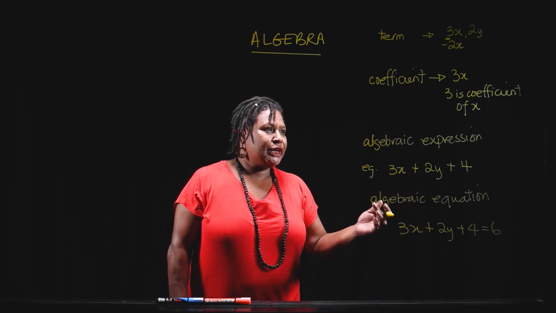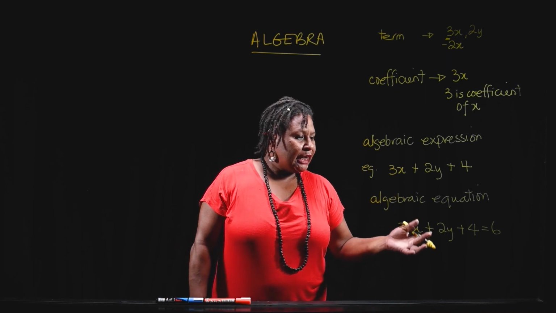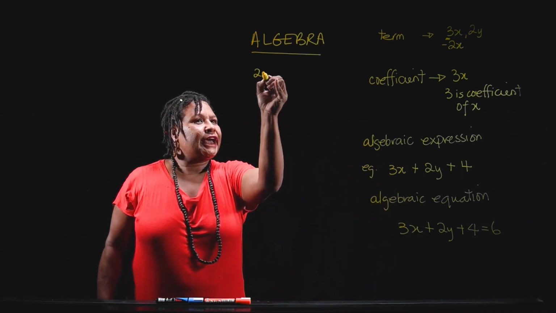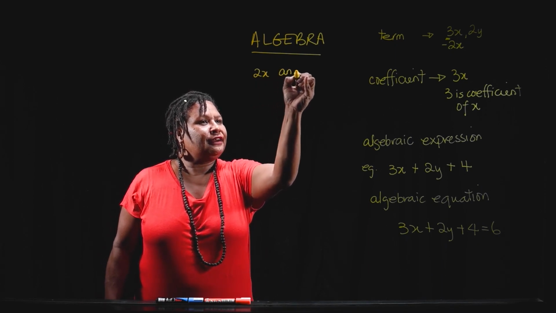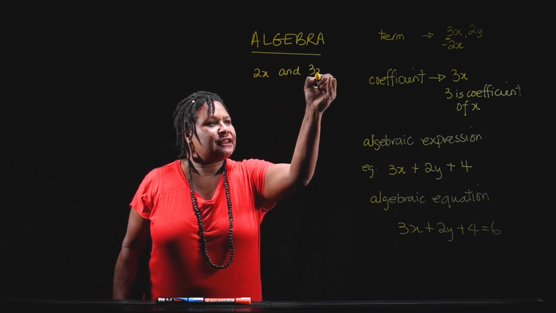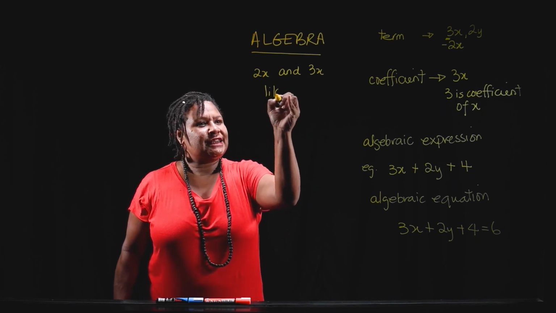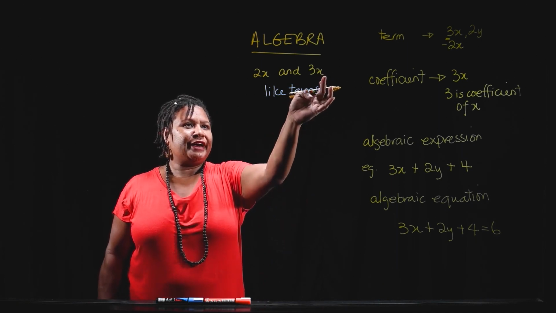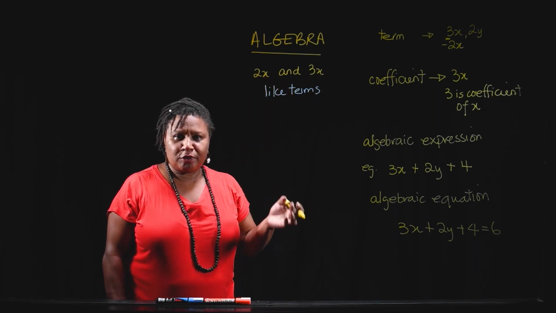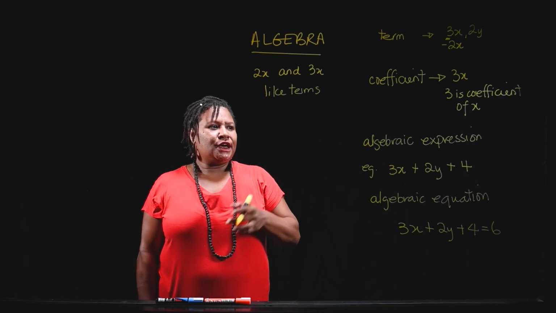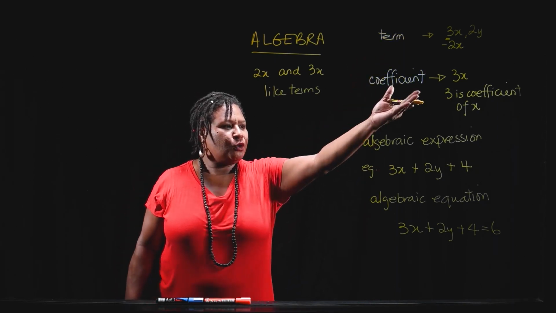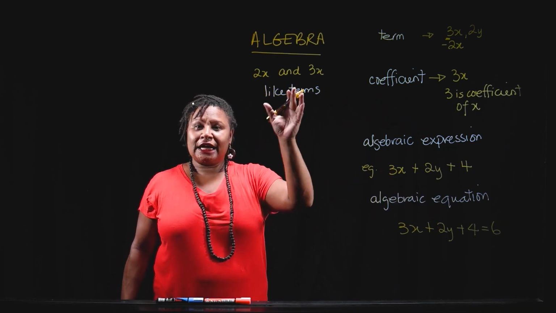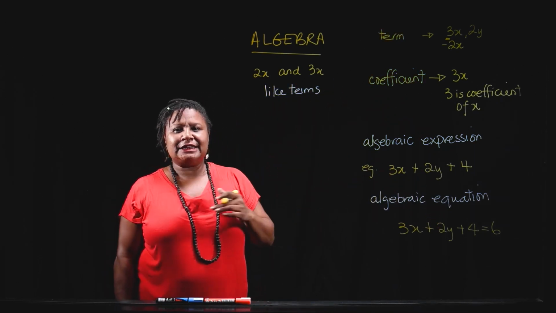If we had two terms, say 2x and 3x, now these are like terms because they both have x as the pronumeral value. So remember term, coefficient, algebraic expression, algebraic equation, like terms and unlike terms.